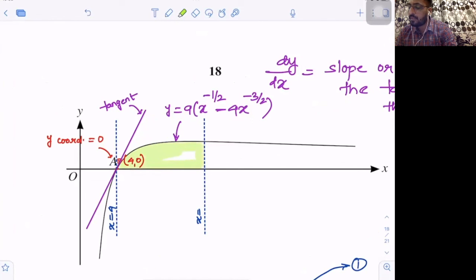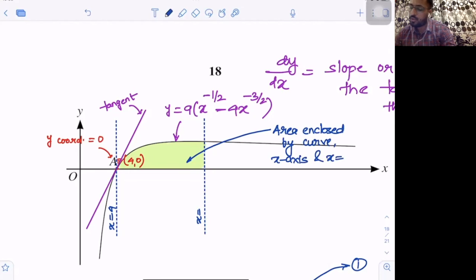Okay, this is the area that I want to find. This region is the area enclosed by the curve, the x-axis, and the line x equal to 9.